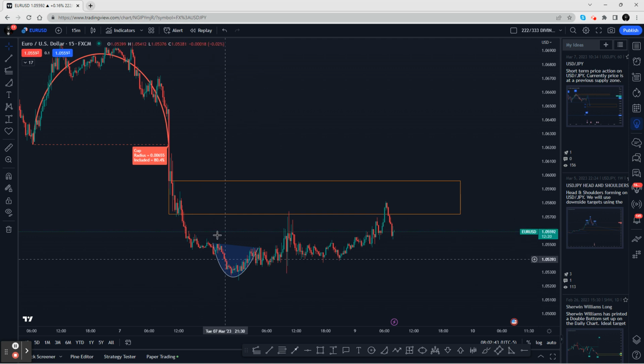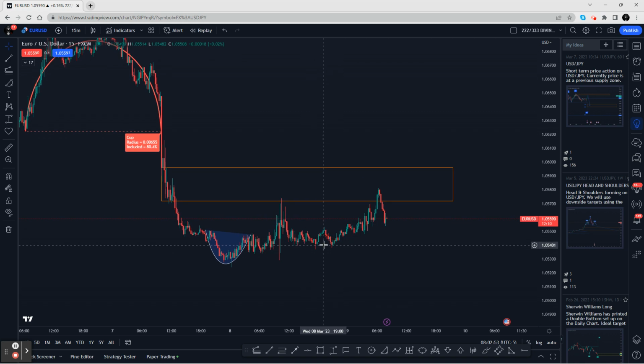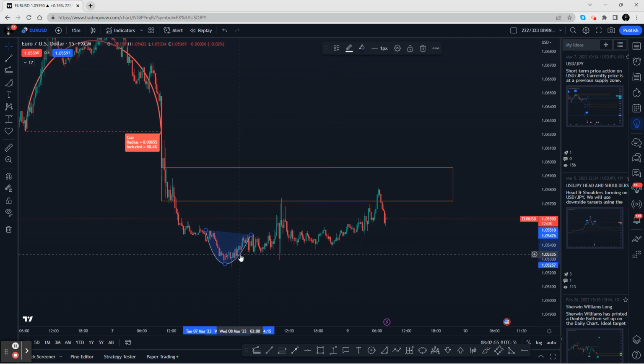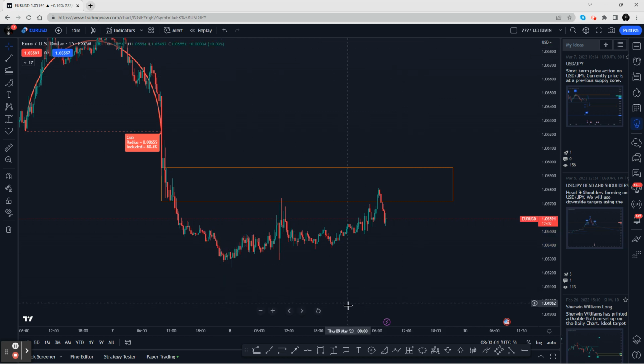And of course, you can have two types of cup and handles. You can have a handle to the left, a handle to the right. It's like a cup. And some people just say, hey, that's just an inverted head and shoulders, whatever. You can call it that as well. With the cup and handle, we just measure from the base up to the neckline.